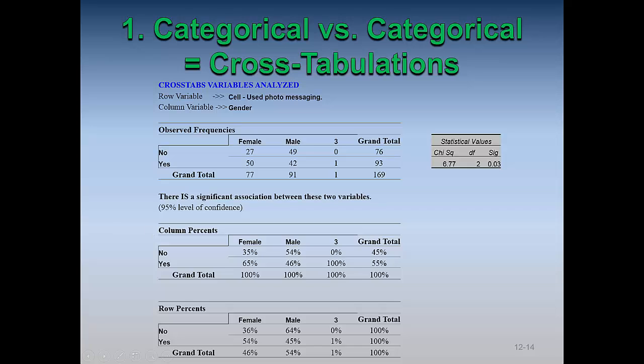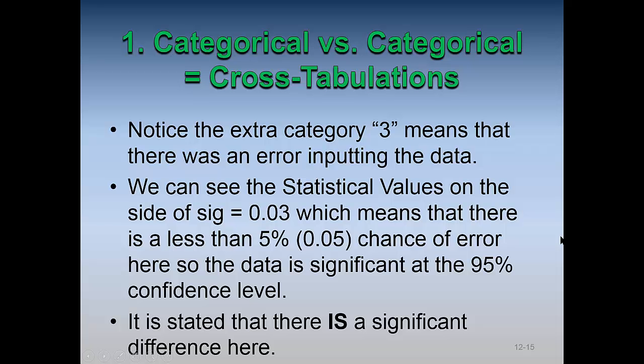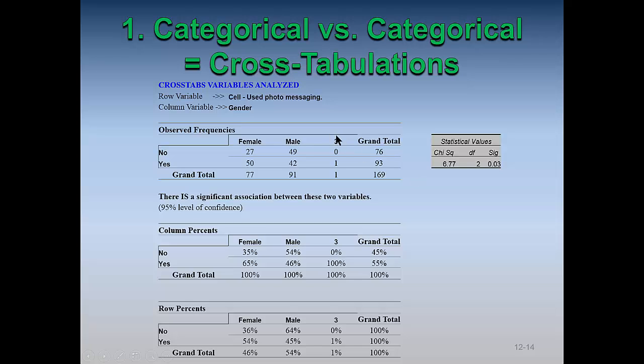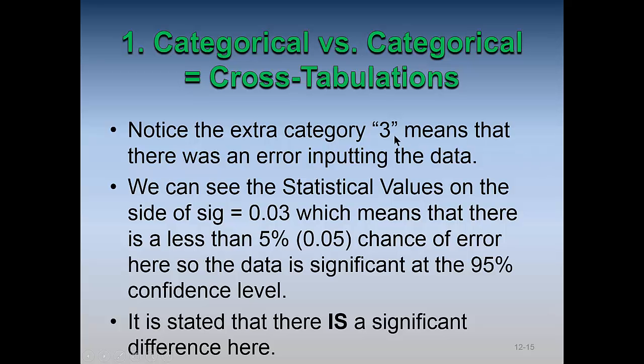We can see that you're looking for this phrase, there is a significant difference. We also see that in this case there happens to be a small error, column 3. These were some which we can just ignore. It means that there was an error inputting in the data.